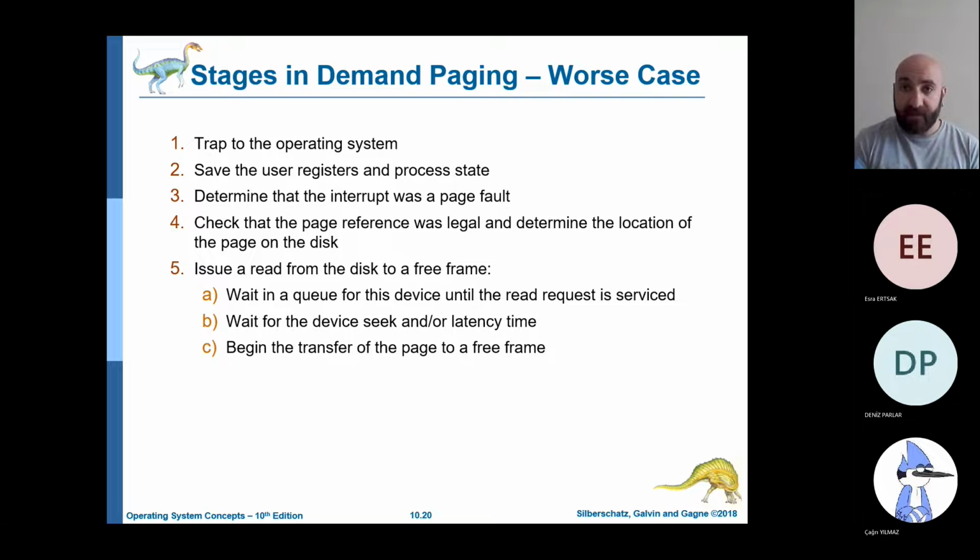First, trap to the operating system. Second, save the registers and process state. Third, determine that the interrupt was a page fault. Fourth, check that the page reference was legal and determine the location of the page in secondary storage. Fifth, issue a read from disk to a free frame.